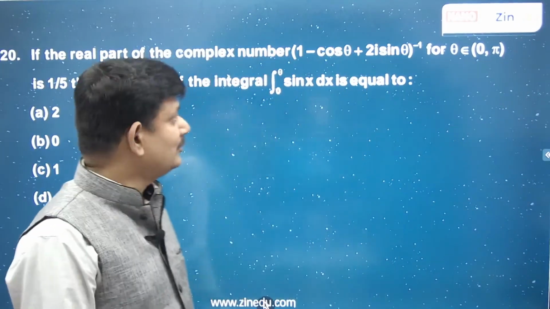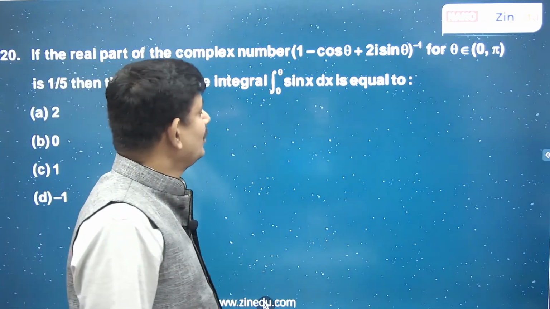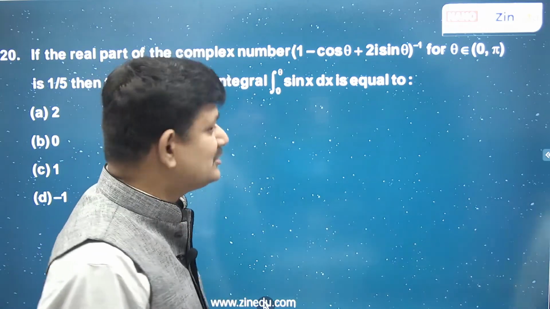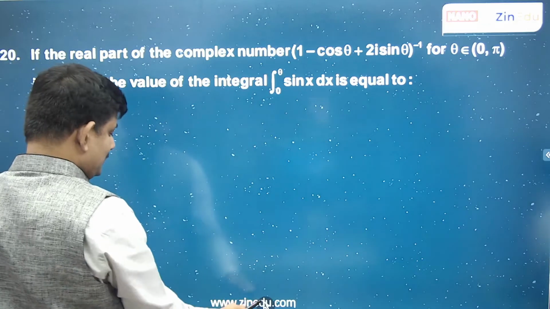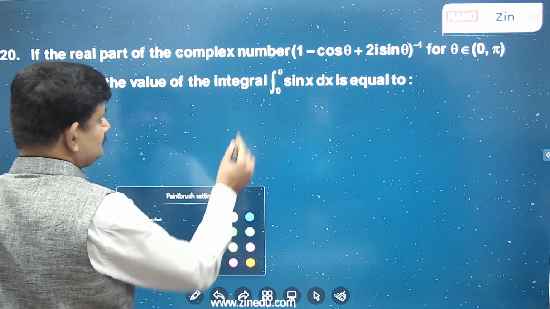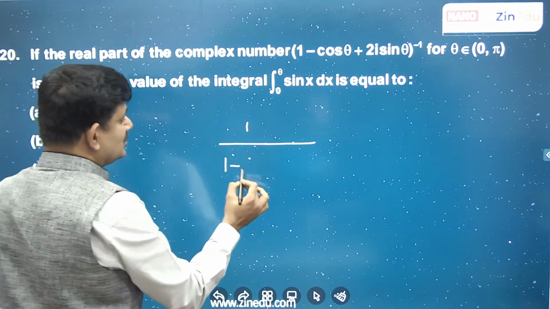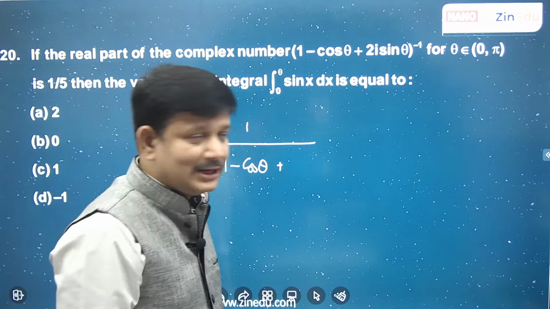If the real part of the complex number (1 minus cos theta) by (1 minus cos theta plus 2i sin theta), whole power minus 1, is 1 by 5. Now, how will you write this complex number? 1 by 1 minus cos theta plus 2i sin theta.